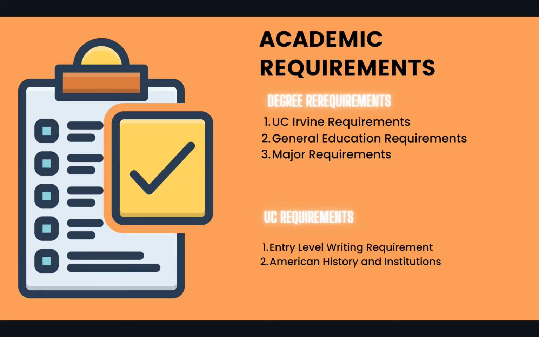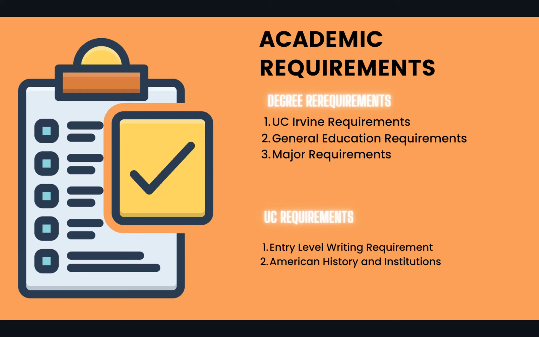So one of the requirements is that you either have all the IGETC requirements done, that would be IGETC complete, or you have up to 2 classes left to take when you start here in the fall, and that would be a partial IGETC. If you have partial IGETC, you can complete those 2 remaining courses here at UCI. There is some confusion on what's required to show that you have the IGETC done.